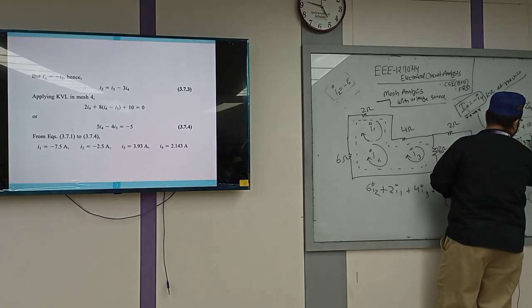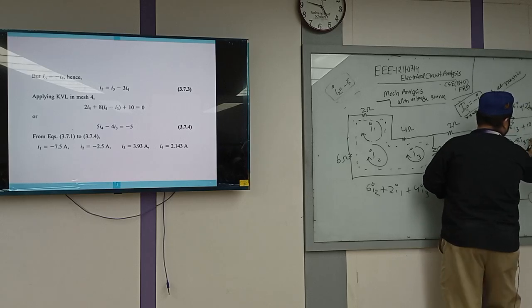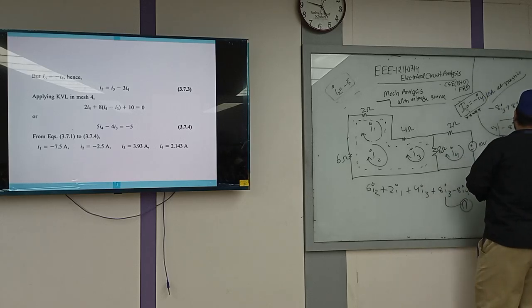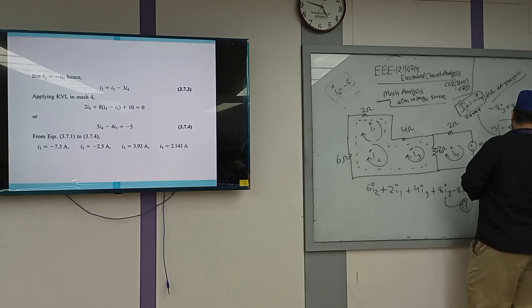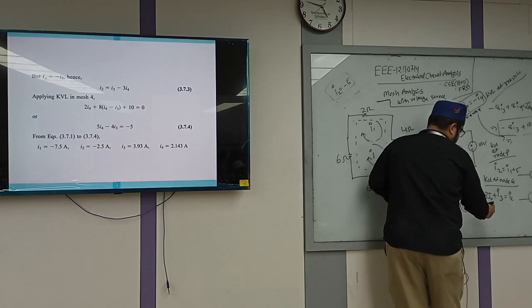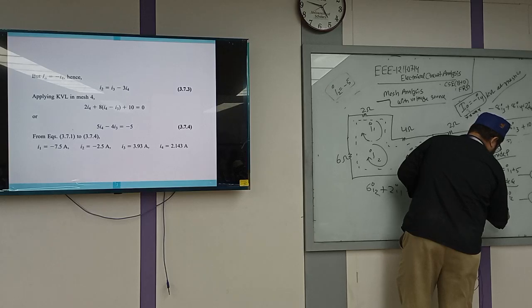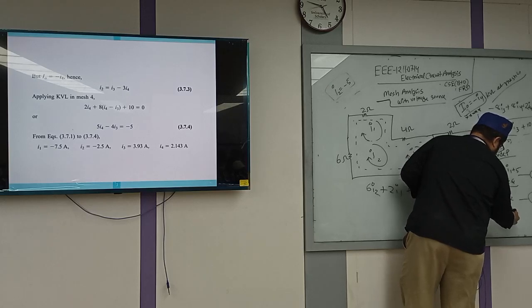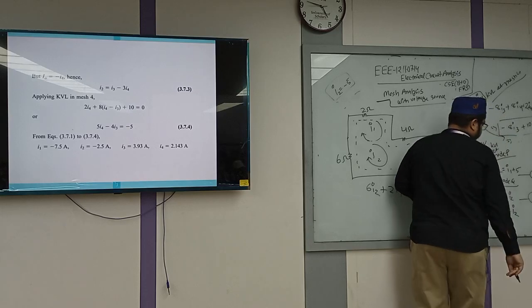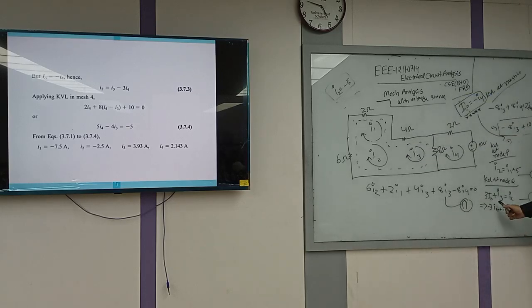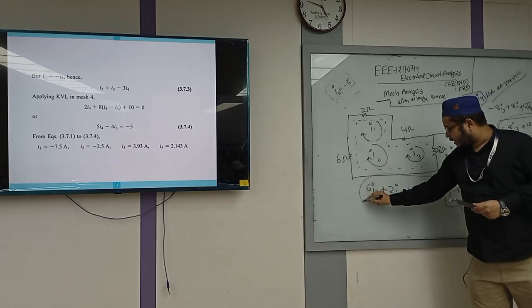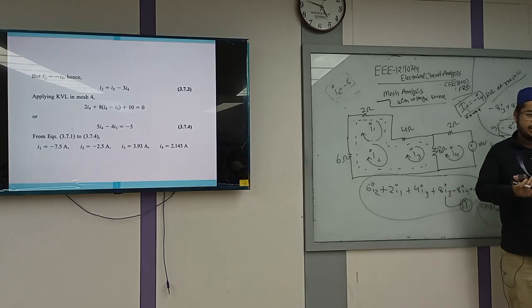Minus 8I3 minus 10. আচ্ছা, এখানে তো বসাবো, এটাতে বসাই, এইখানে বসাবো: minus 3I4 plus I3 equals to I2. মানে জাস্ট I0 এর ভ্যালুটা আমি বসে দিলাম। তাহলে আমার কি কি থাকলো? একটা, দুইটা, তিনটা, চারটা। So I am getting 4 equations.